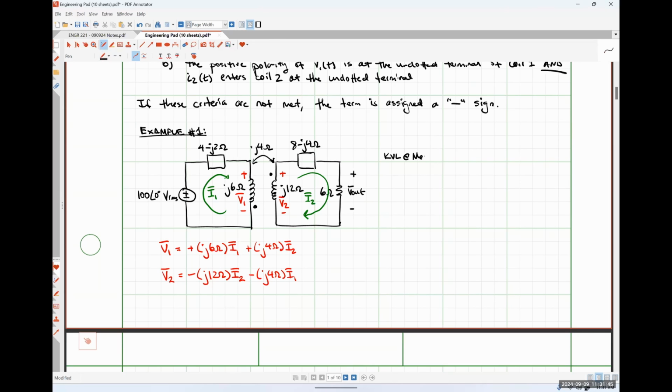KVL at mesh 1 is just going to be negative 100 angle 0 degrees volts RMS plus 4 minus j2 ohms times I1 plus V1 is equal to 0.